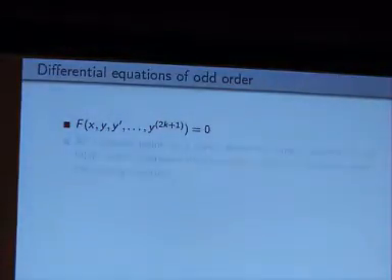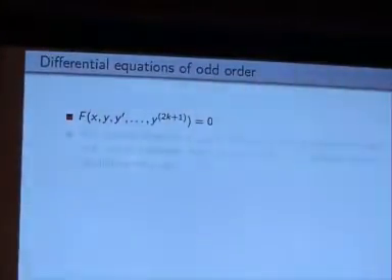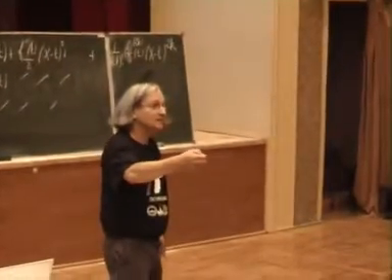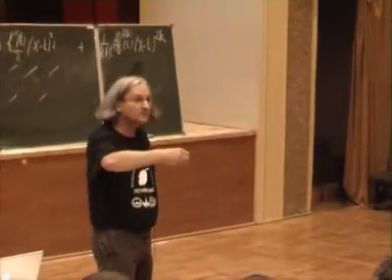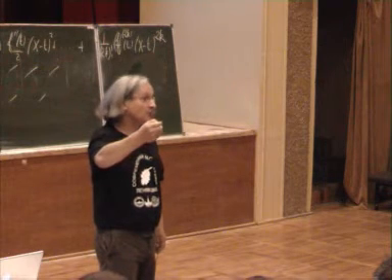I will discuss very general differential equations of odd order. So it's a functional F of x, y, y prime, etc., up to the derivative y of order 2k plus 1. As you know, if you take a differential equation and some initial condition, locally there is only one solution starting from this point.